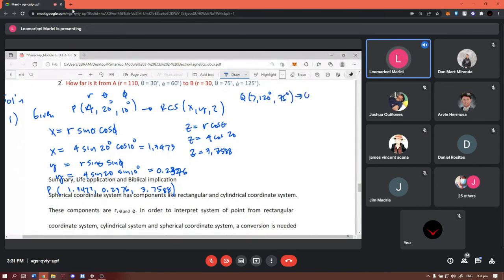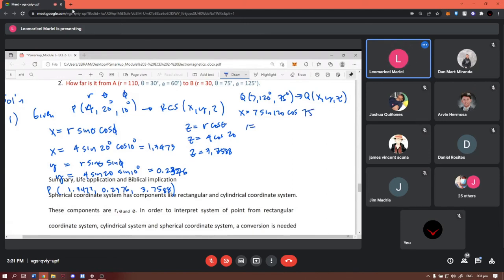You need to convert that into X, Y, and the Z of Q. So for X component nito, that will be 7 sine 120 cosine 75.